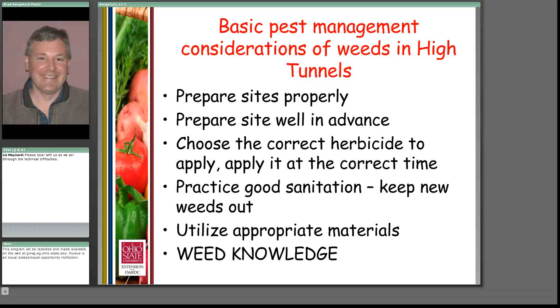So first we need to have the soil that the tunnel is going to be constructed over in tip-top shape, and that includes weed control as well as some drainage issues and so forth. But getting those perennial and annual weed seed banks in check well before we put that tunnel up is very important. And it has to be done well in advance. That's probably the most important thing.